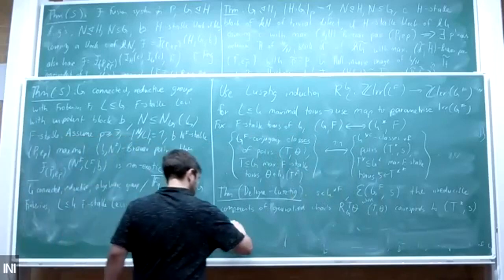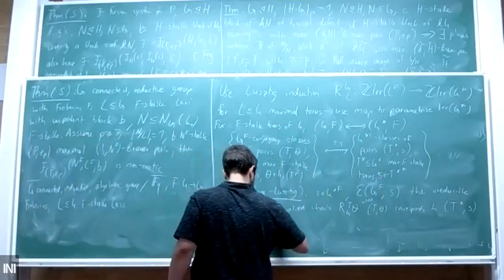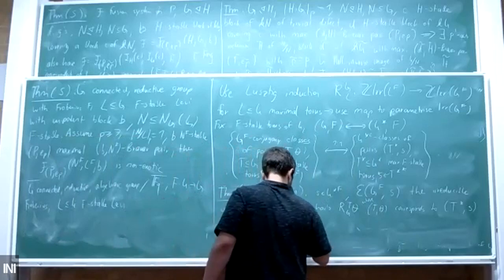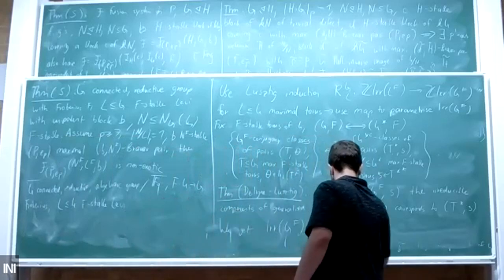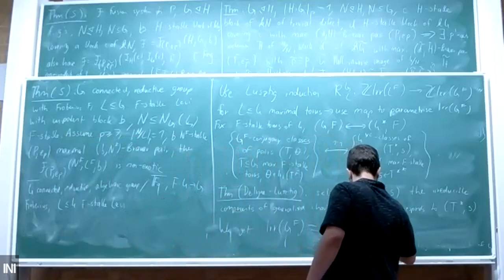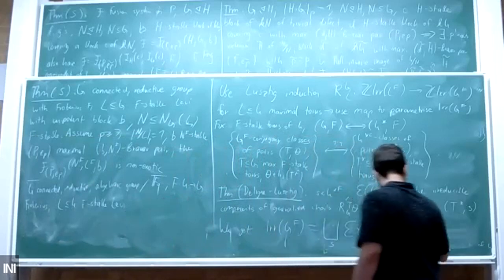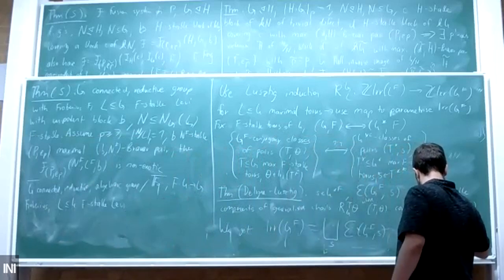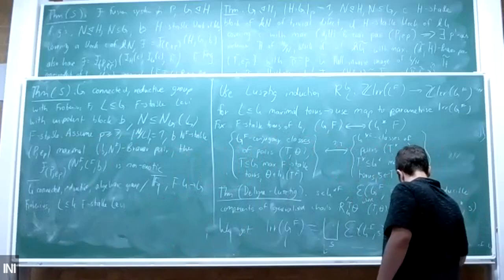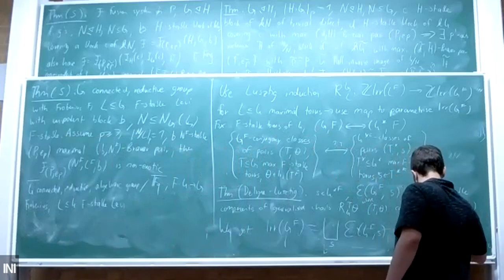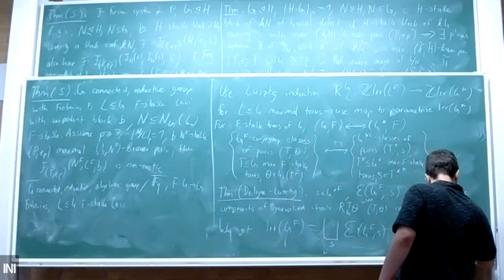And then we get a partition of the irreducible characters of G into these classes E(G^F, S), where S ranges over semi-simple classes in G star F.